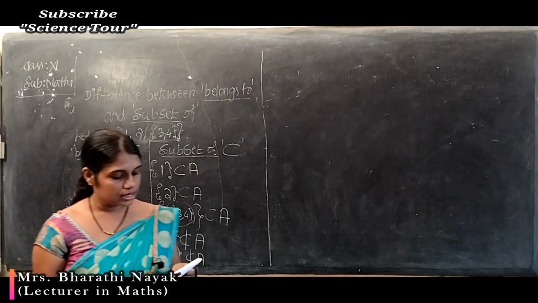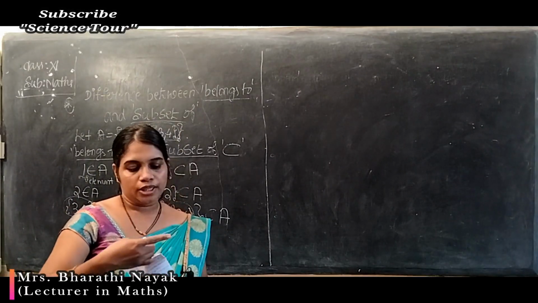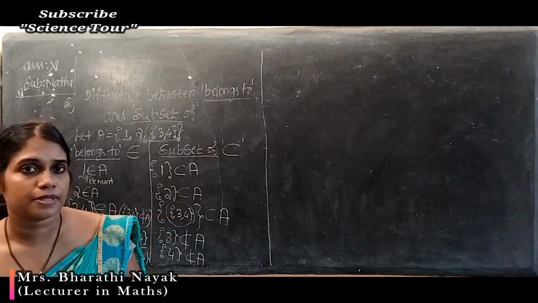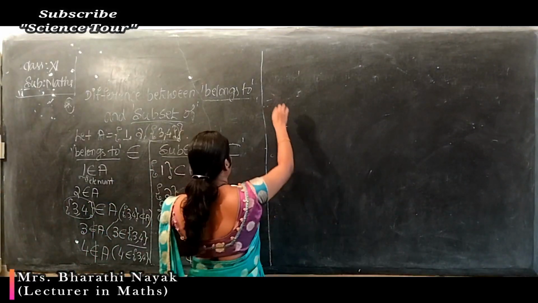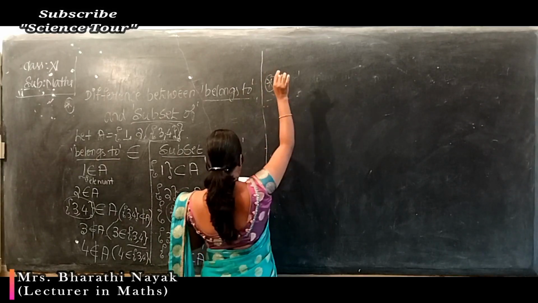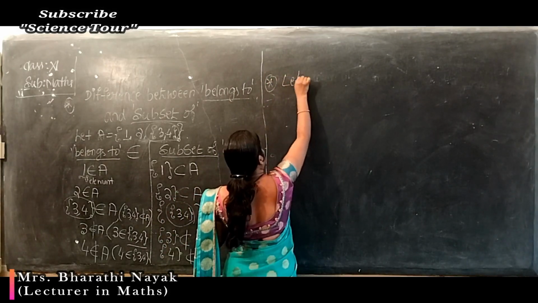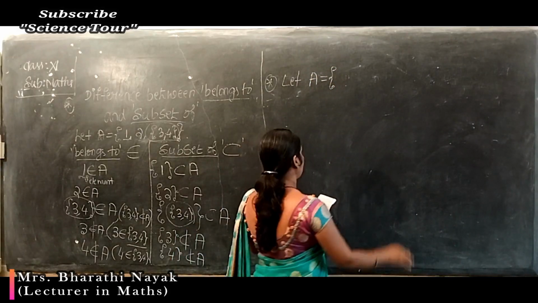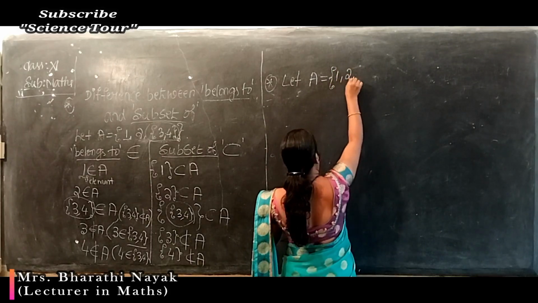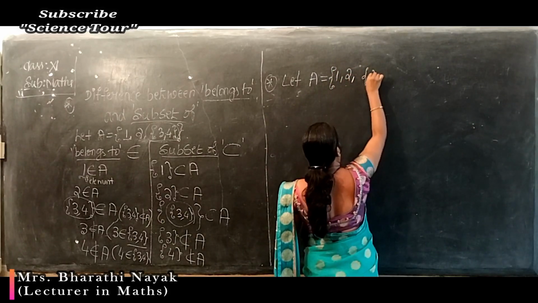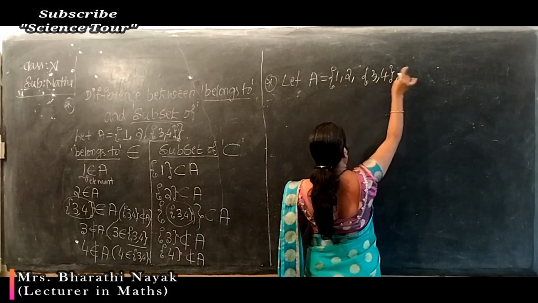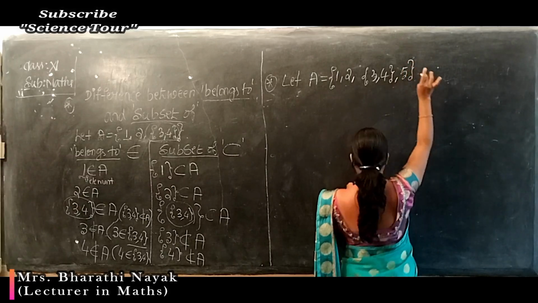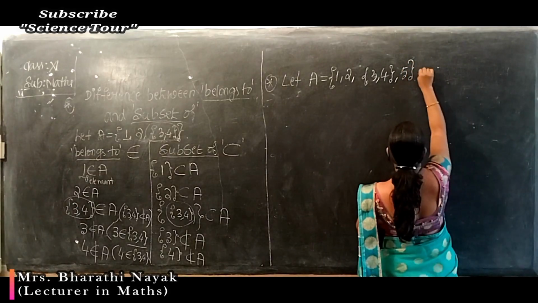Okay. So next we'll solve some problems related to the belongs to symbol and the subset symbol. So I'll write here. Let set A be equal to the set containing 1, 2, and the flower bracket 3, 4, 5.